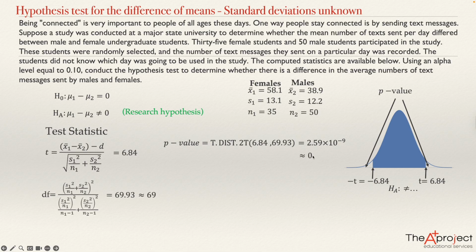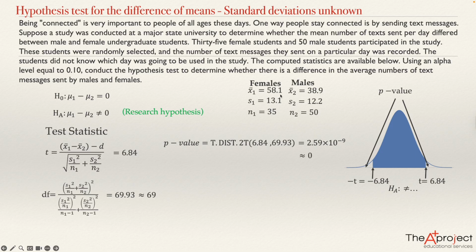Because the p-value is very small, there is enough statistical evidence to reject the null hypothesis. So we accept the alternative, and the alternative says that there is a difference between the two average amounts of text messages sent by females and males.